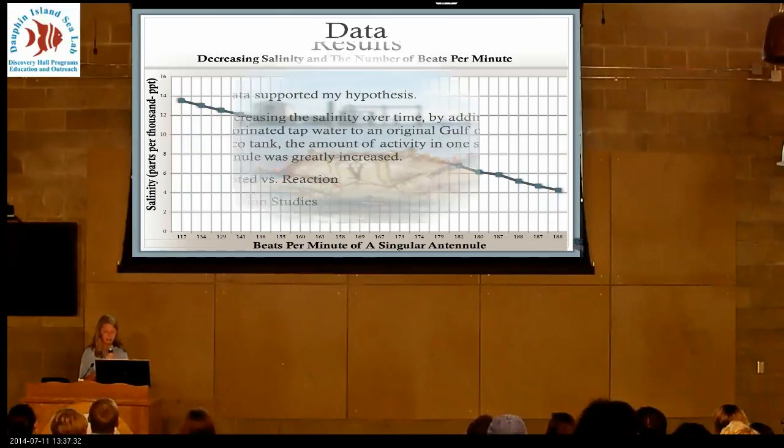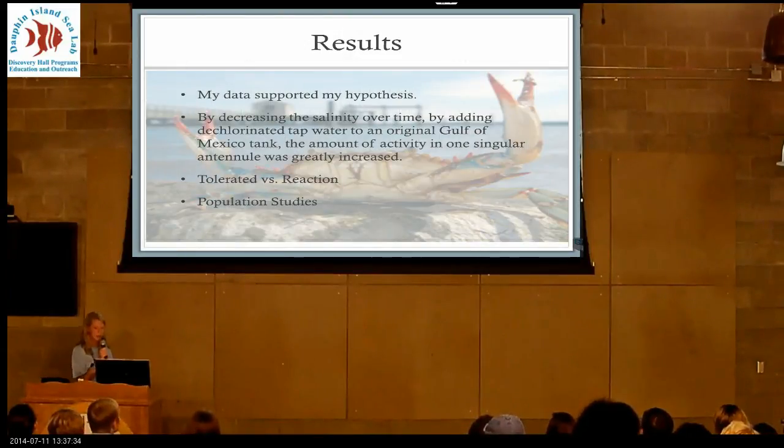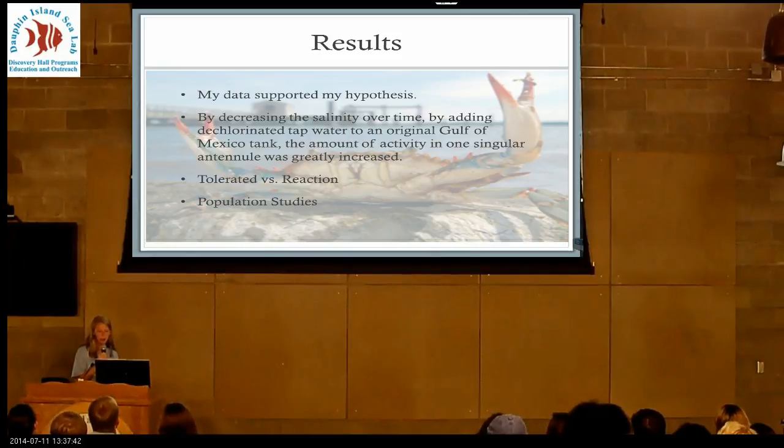And then I took the salinity level from the YSI, and then I counted the number of beats per minute of the antennule. And that was my control. And then to get my data and trials, I took out 1 liter of tank water and then added dechlorinated tap water to it, which basically lowered the salinity level.